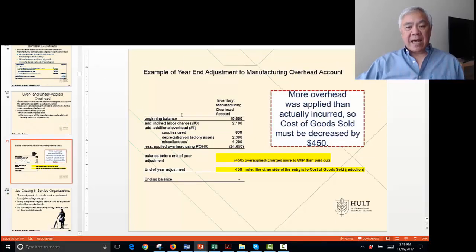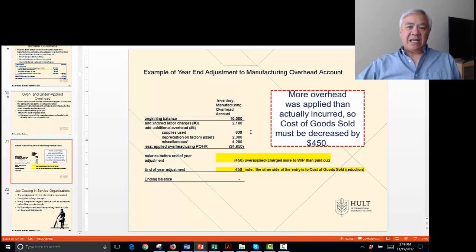In this example, from the manufacturing overhead side, this column is like one column in our template. We started with 15,000, we added labor charges, $2,100, and then we added these other items: the supplies, depreciation on the factory assets, and miscellaneous. And then we applied using POHR, 24,650. The net here is a negative 450.